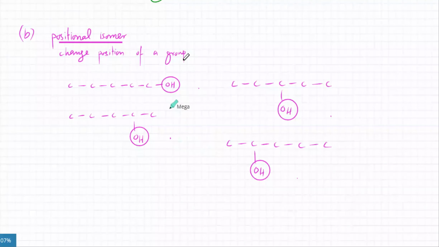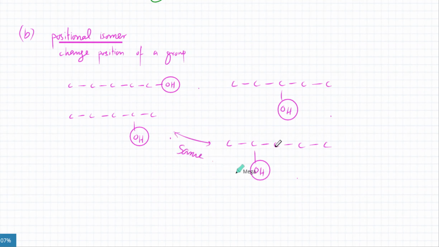I just need to rotate or flip it around. Like if I pick it up and put it the other way around, it looks exactly like this. These two are just flipped versions. Counting 1, 2, 3, the fourth carbon atom has the OH in both. So that's not an isomer. Is this clear? Positional isomers.